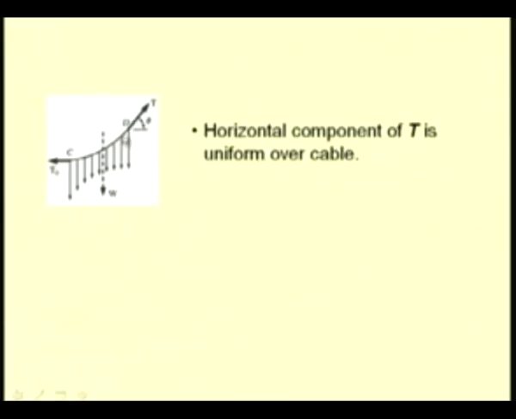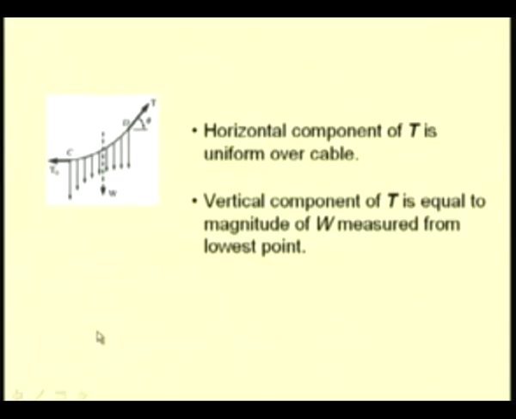So, the horizontal component of this tension force T remains constant and equal to T naught. The vertical component of this tension equals the total load carried between the portion C and D, where C is the minimum point on the cable. So, the total load carried in this portion is equal to the vertical component.